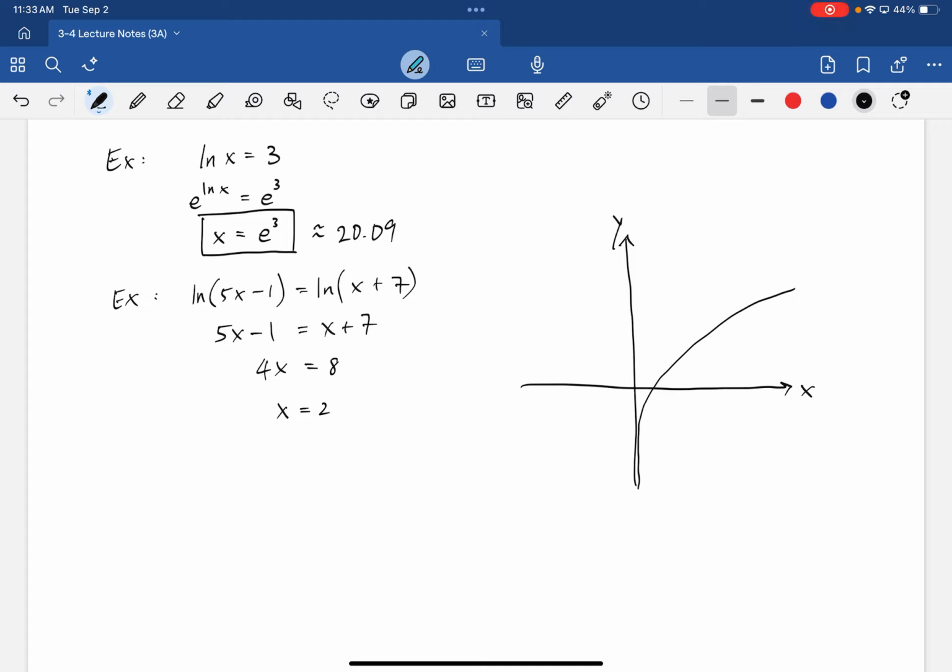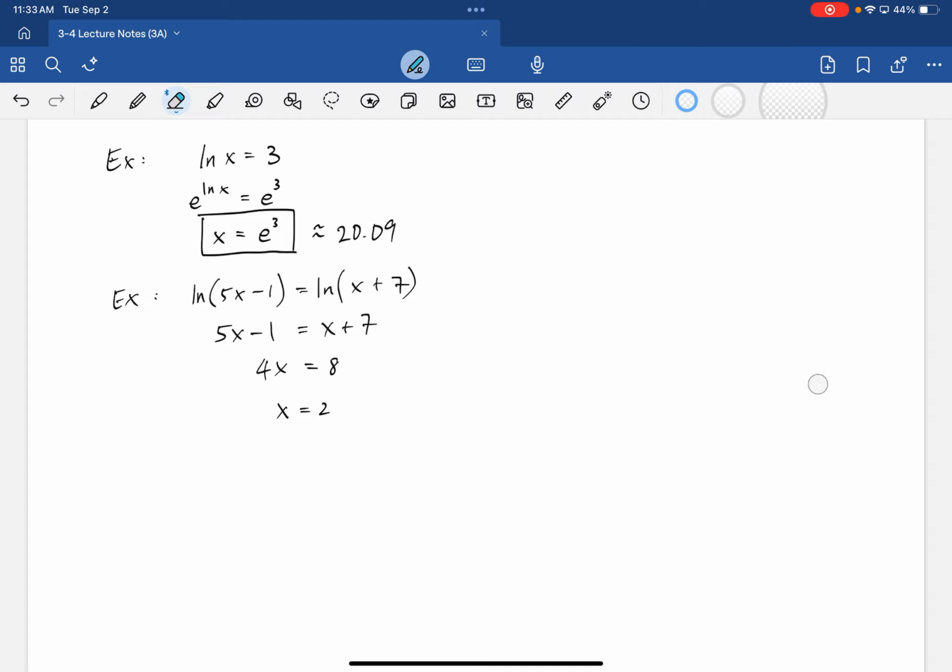That's a rule that I asked you guys to memorize. Logarithms can only have positive inputs. And so we need to check to make sure that our solution for this equation only gives us positive inputs. And if it gives us a negative input, then that means this solution is extraneous. It doesn't work.